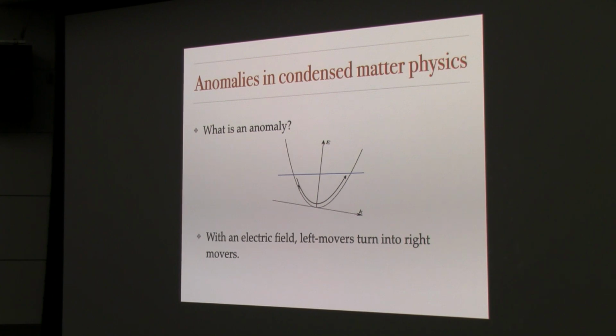And so what happens is this electric field changes the momentum of the electrons. So in this picture, we have this very obvious statement that you lose some left movers and they become right movers. And this is a very pedestrian picture of how to think about this deep and mysterious anomaly.